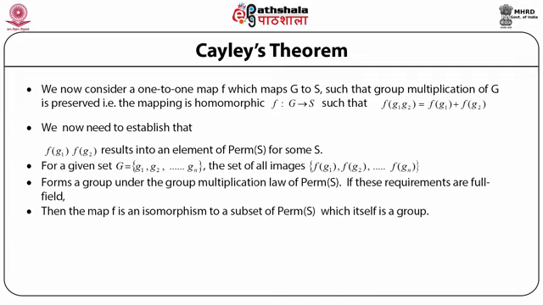If these requirements are fulfilled, then the map is an isomorphism and is a subset of the permutation group S, which itself is a group. So, students, we are now in a position to summarize what we have learned in this module.